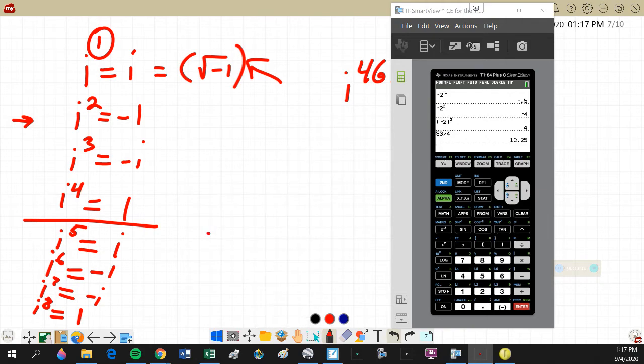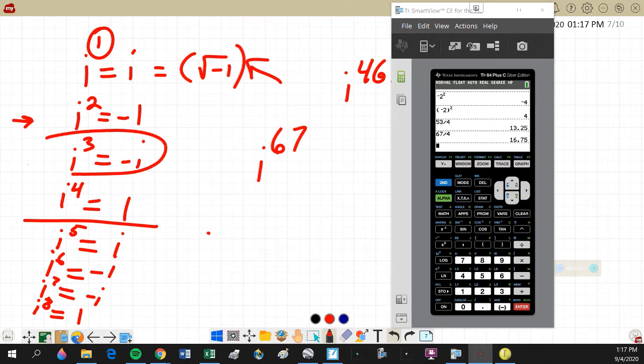So if I had I to the 67th, 67 divided by 4, how far over did I go? 3. So it must be the same as I to the third. Okay? So if your decimal is 0.0, that is the same as I to the fourth, which is 1.